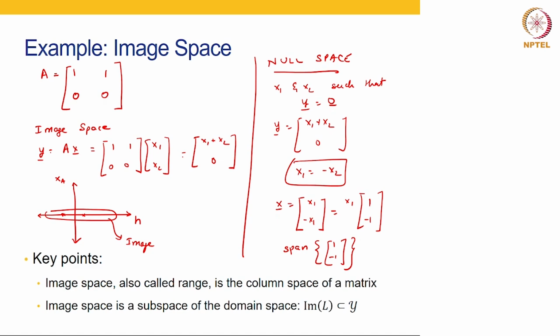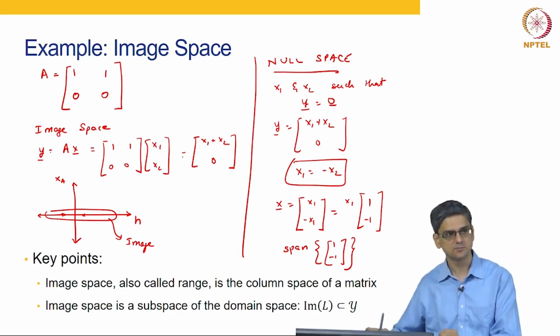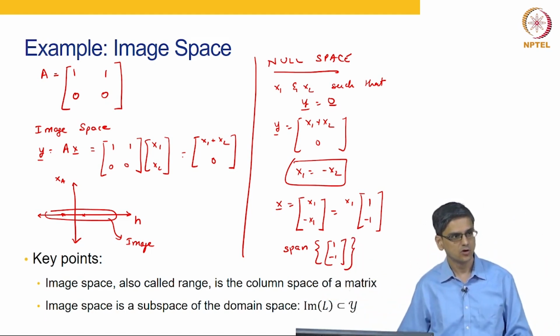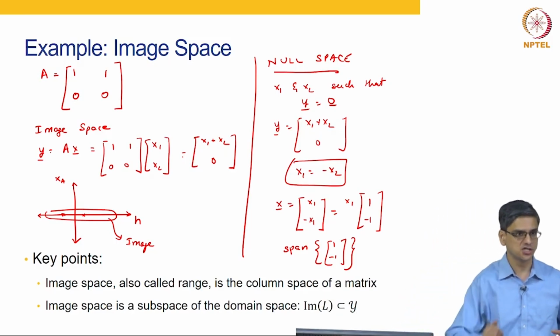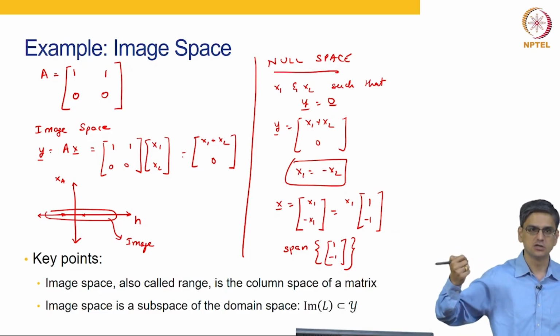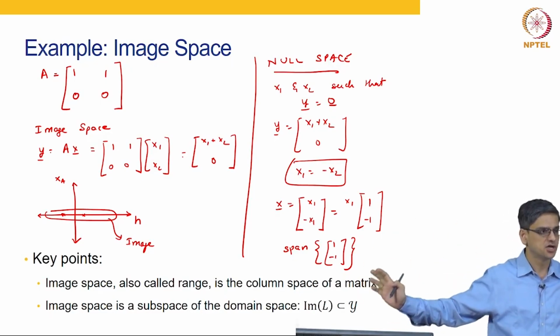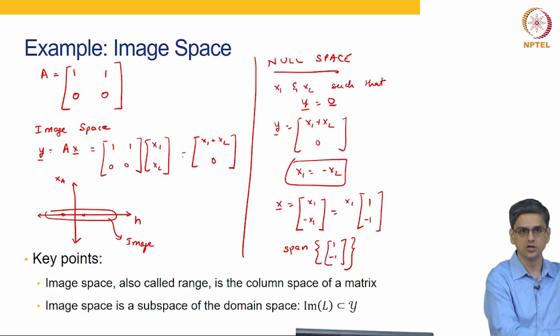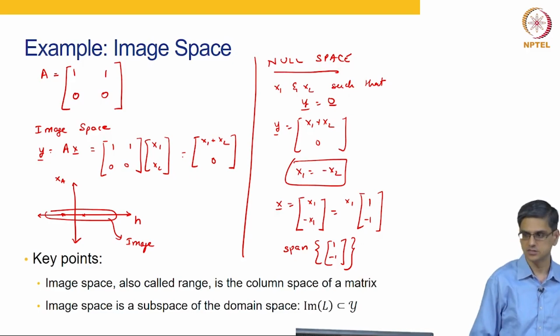So, image space is a subspace of your Y space, and null space is a subspace of your X space. If you change F1 and F2 by the same amount but in opposite directions, there will be absolutely no change in Y. So, the (1, -1) space is the space which will be mapped onto the origin in the Y space. That is what that means.